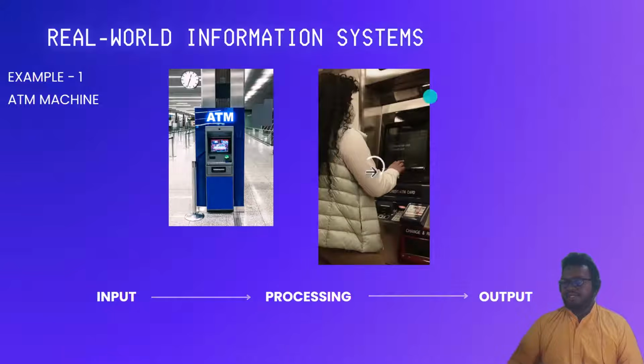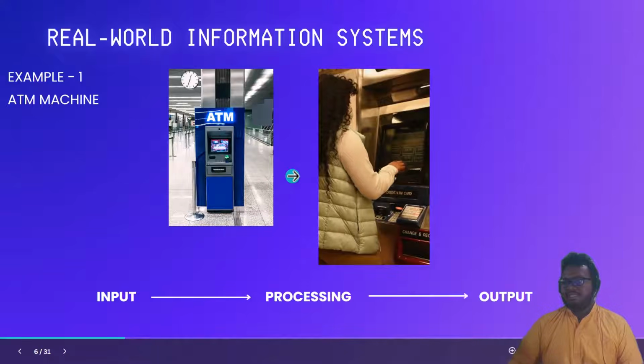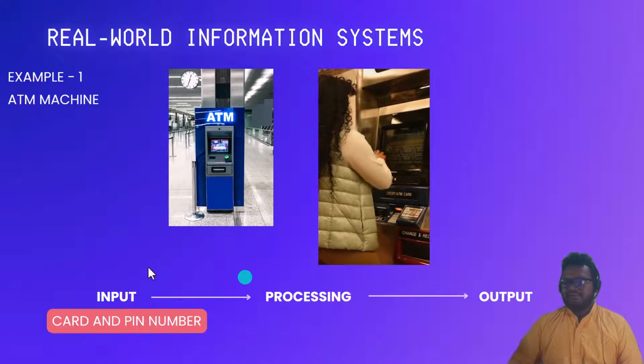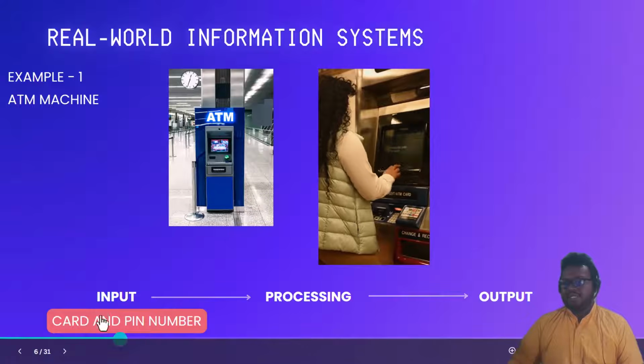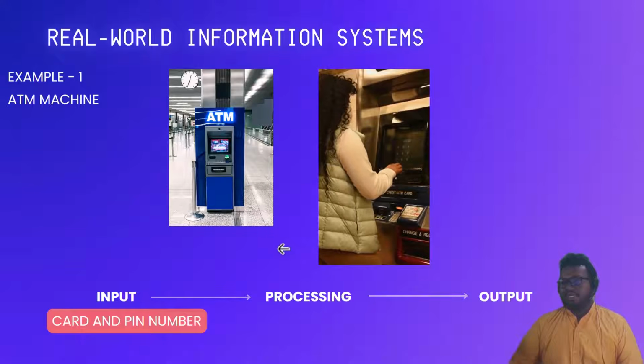This thing we can see in the real world. What is in the real world? In ATM machines, you can see this. For input, we enter our card and PIN number, right?